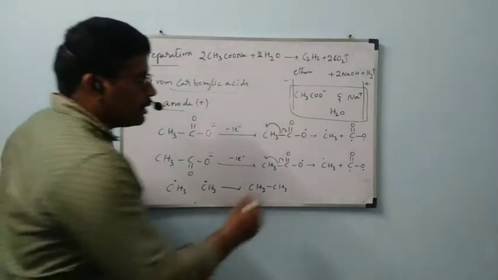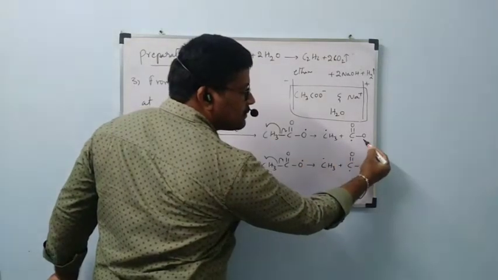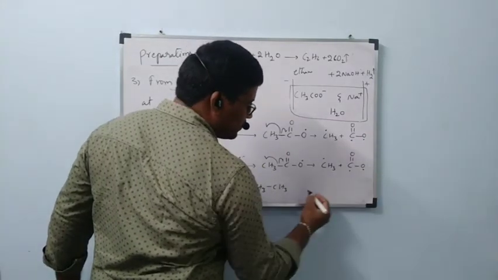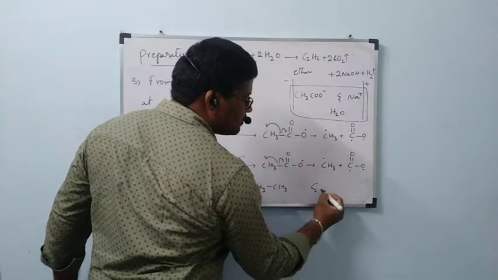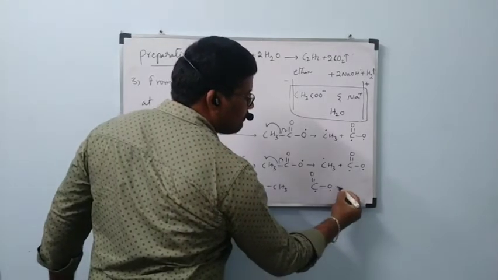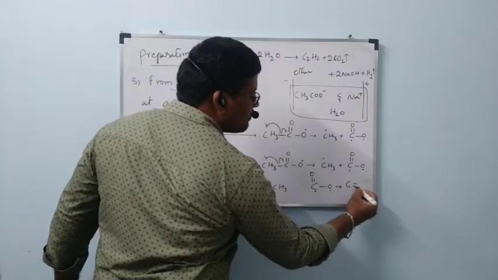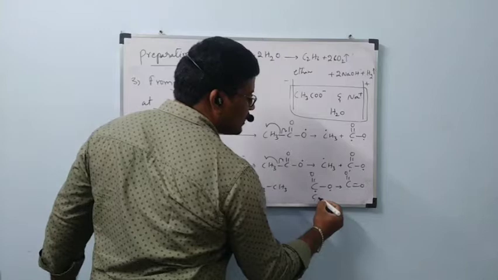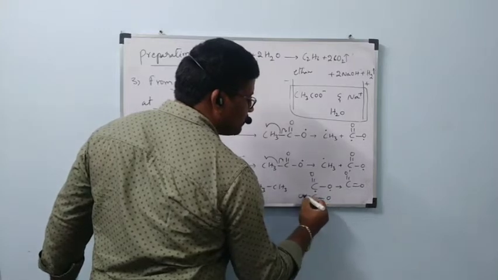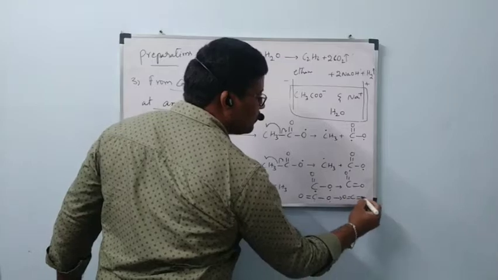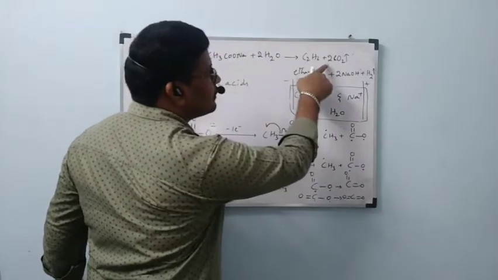Okay, now this carbon has a free radical, this oxygen has a free radical. They will be involved in a pi bond. Here also a pi bond. So carbon electron, oxygen electron, a double bond will be formed as C double bond O. Like that, carbon free radical, oxygen free radical, a double bond is formed as C double bond O. 2 moles of carbon dioxide.